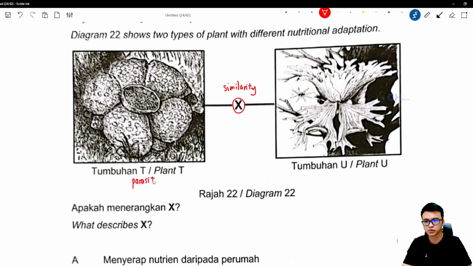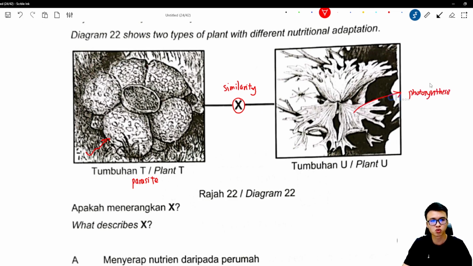Remember, Rafflesia is a parasite because they absorb the nutrients from the host. But for U, it is the bird nest fern. The bird nest fern is not going to absorb the nutrients from the host, because they have leaves which are able to do photosynthesis to create their own food.